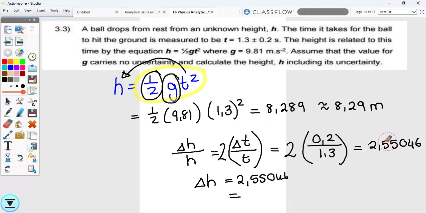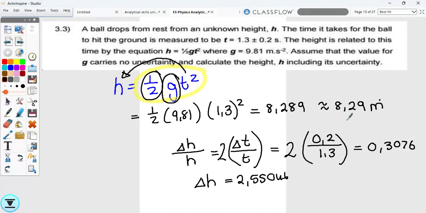So the uncertainty here was the naught comma, what did you guys get? Naught comma 3 something? Okay, and then you multiply that by your actual value of h, and does that give you the 2,55046? Okay, great. So that is our actual answer for the uncertainty. So it is the right value that we are looking at.